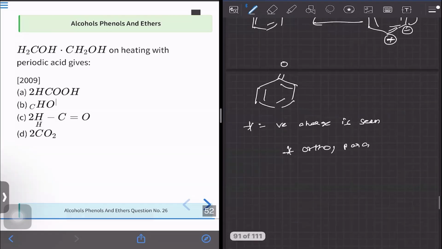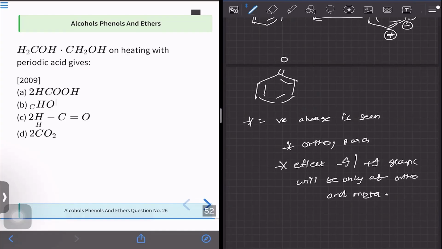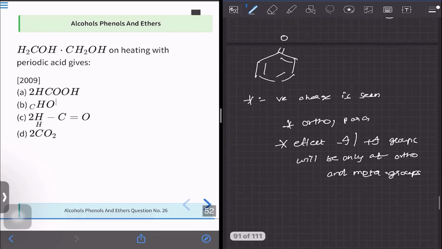So the effect of minus I or plus I groups will be only at ortho and para groups.